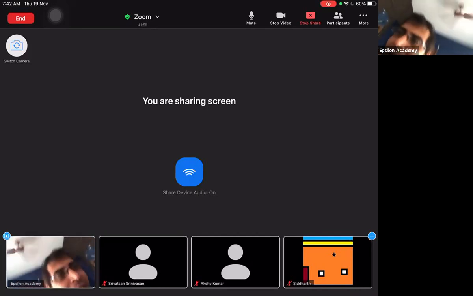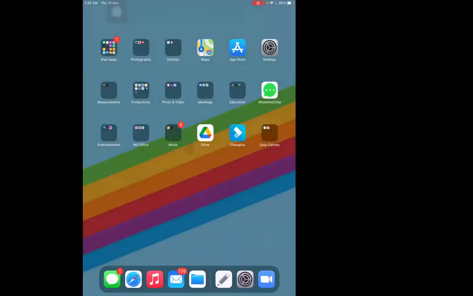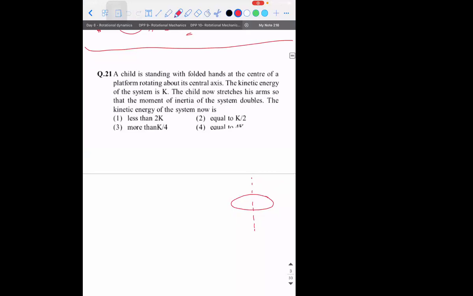So we'll try to write it as a mathematical equation and observe. The child is standing with folded hands. So there are two cases here.